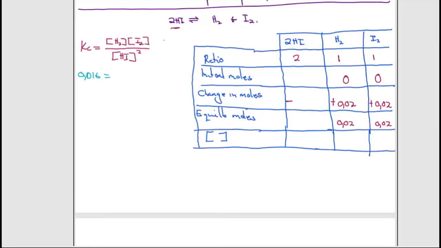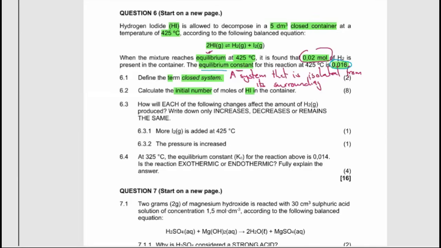Remember how to calculate concentration. Concentration is equivalent to the number of moles over volume, right? So I'm going to start with this one here. The concentration of hydrogen gas is equivalent to the number of moles over volume. Therefore, the number of moles is 0.02 all over the volume of this container, which we are told at the top is 5 dm cubed, right?